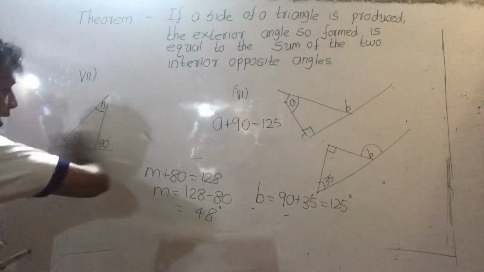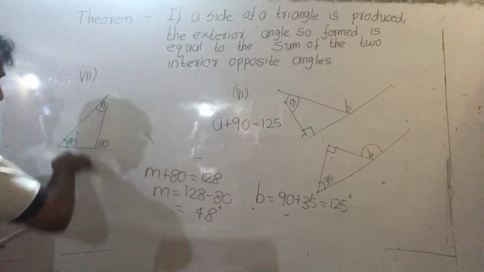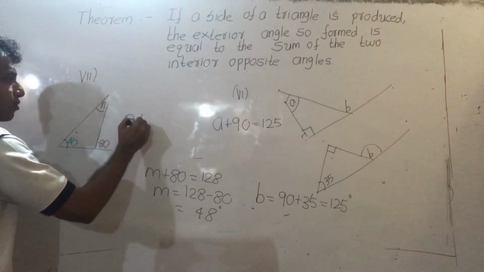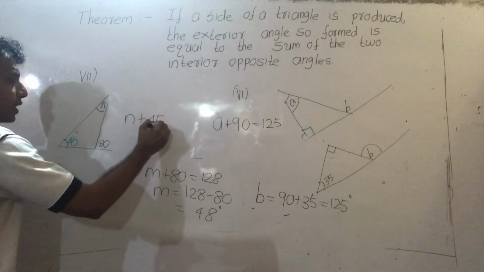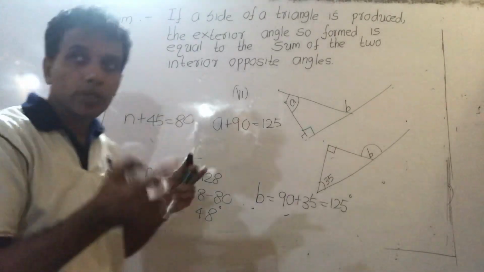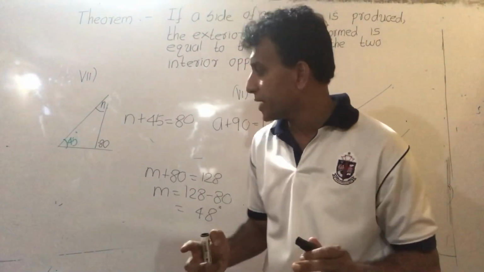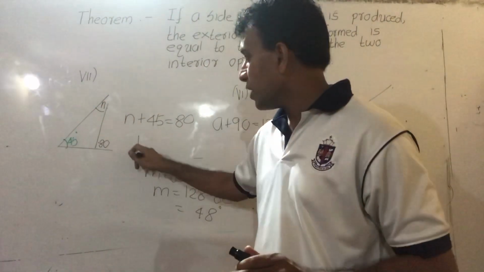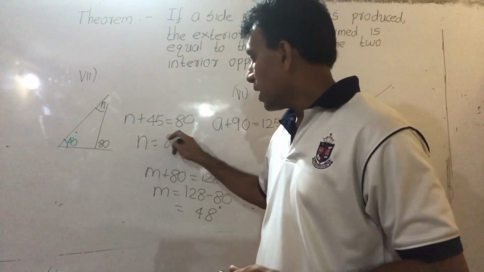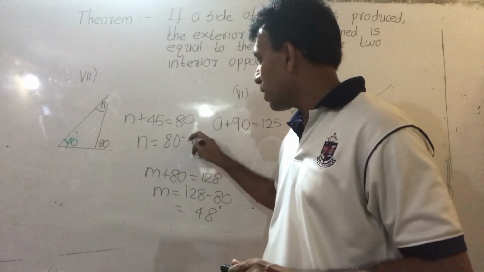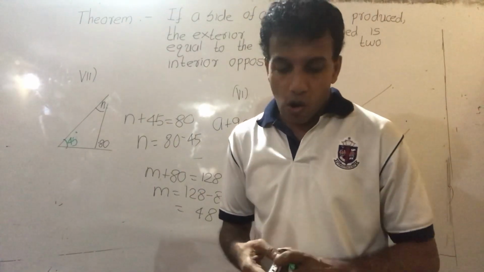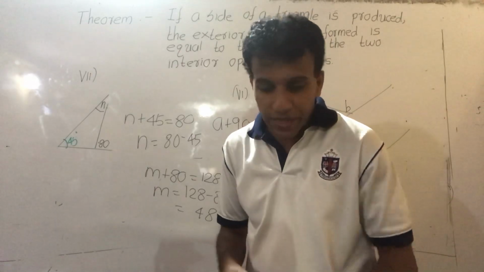N plus 45 equals 80, since the exterior angle equals the sum of the interior opposite angles. Therefore, for the N value, subtract 45 from 80 to get the answer. It's the method, right? My dear students, you try the remaining problems.